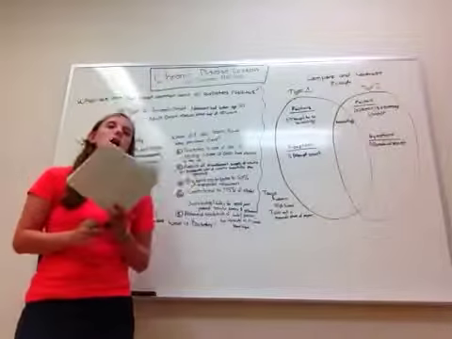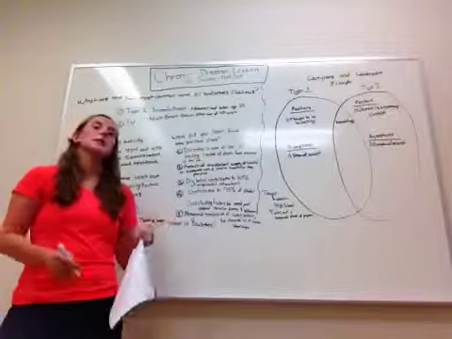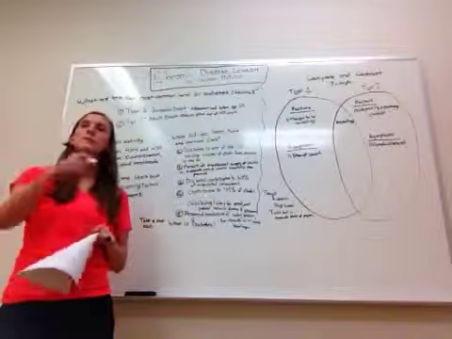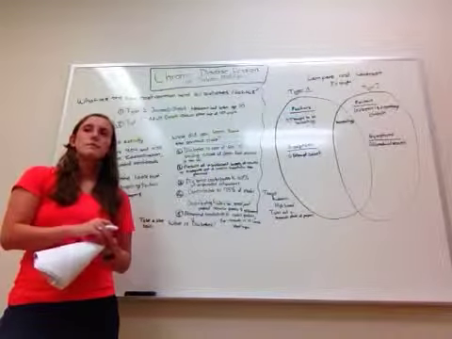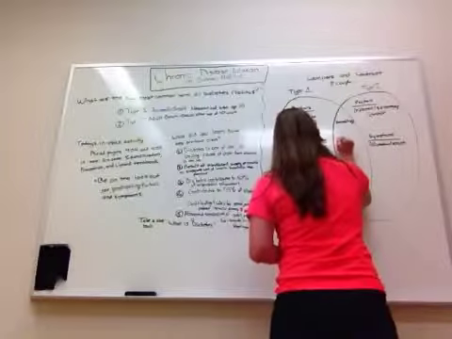Now I have a question for you guys. What symptom do both type 1 and type 2 diabetes have in common? Go ahead. Yes, that's correct. So there's frequent urination.